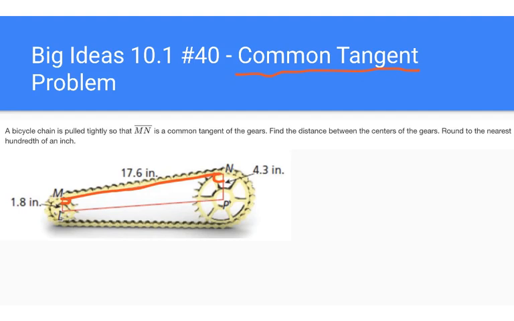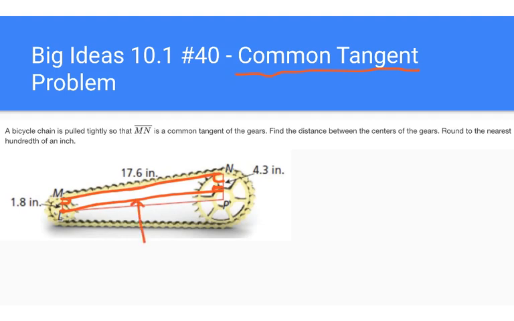Okay, and if we were to draw a line parallel to that common tangent through the center of the smaller circle, wouldn't we know that we made a right angle there? If it's parallel to the 17.6, the common tangent, then it also has to be 17.6.